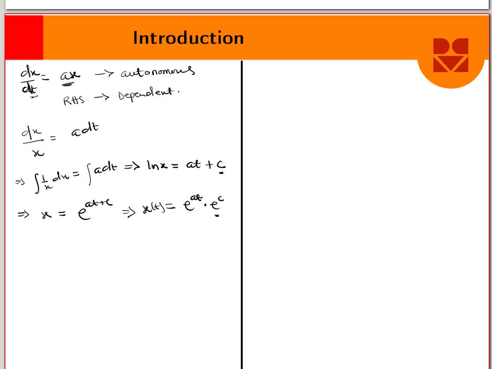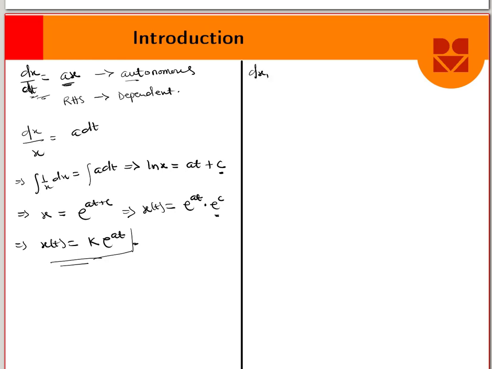Now e to the power of a constant is still a constant, so we have x of t given as a certain constant k e^(at). So this becomes the general solution of this given differential equation, and we know that this differential equation is autonomous. Because of that, this gives us an idea of how the solution of autonomous homogeneous differential equations look like.